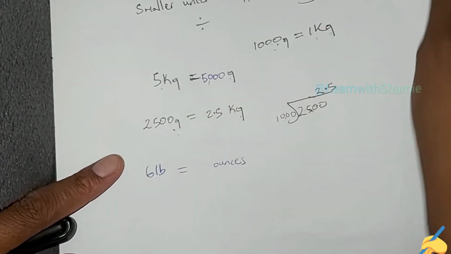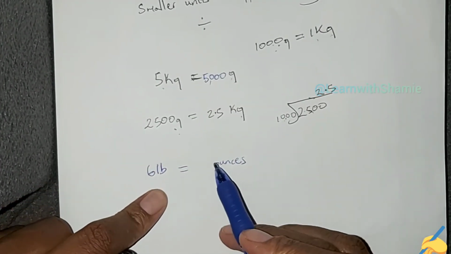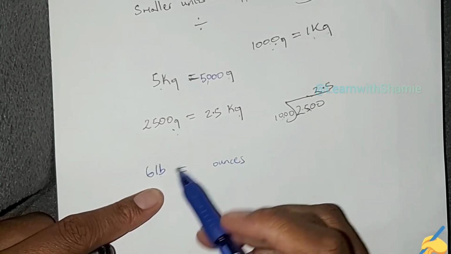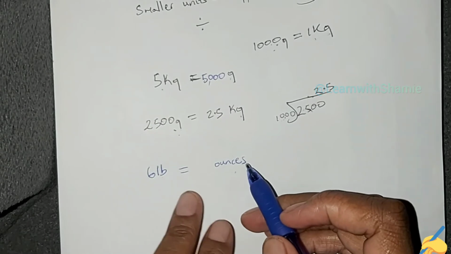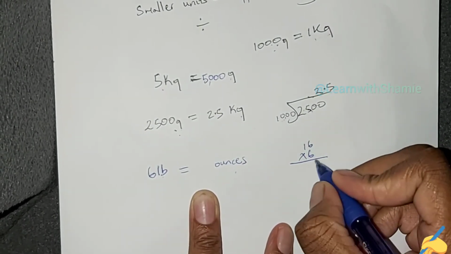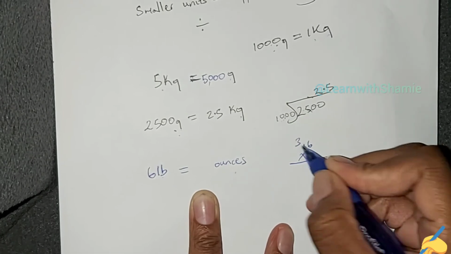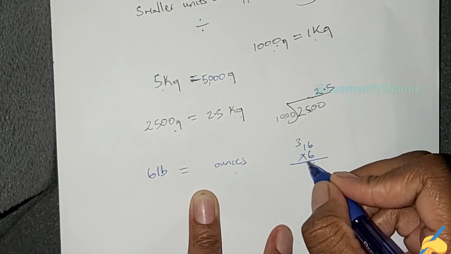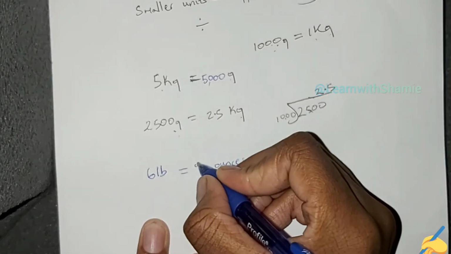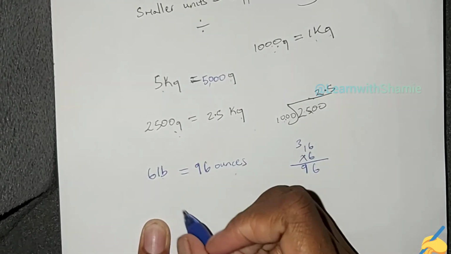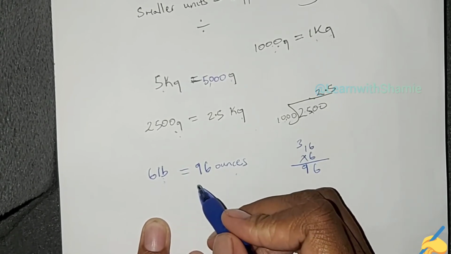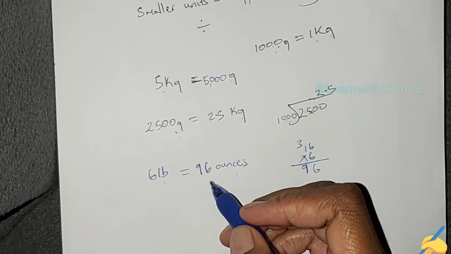So in converting from pound to ounces, you're going to multiply, because converting from bigger units to smaller units, you multiply. So 16 times 6, 6 6s are 36, 6 carry 3, 6 1 6, and 3 9. So 96 ounces is equal to 6 pounds, or 6 pounds is equal to 96 ounces.